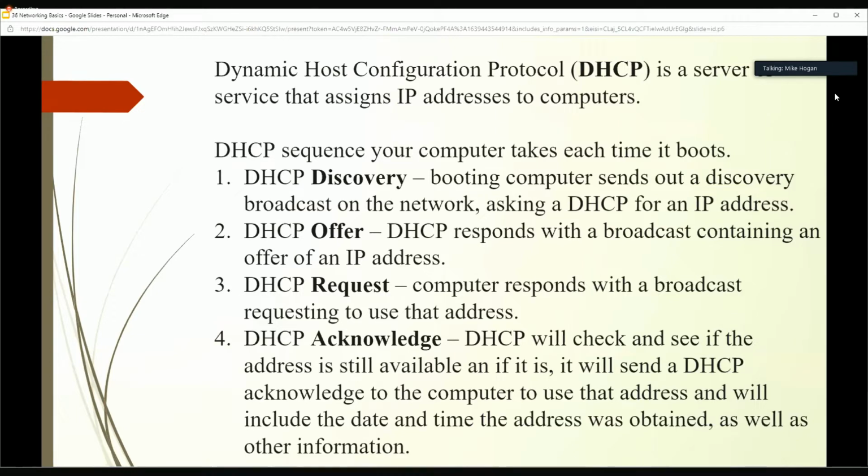But for hosts that are just using the network and really they don't have to worry about being at a particular address, we're going to do a process that's called DHCP. So this Dynamic Host Configuration Protocol, this DHCP server, we're going to utilize that to assign some of these IP addresses.